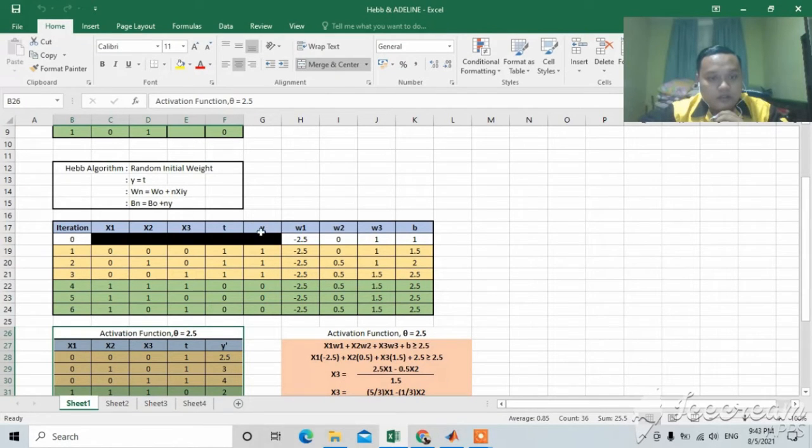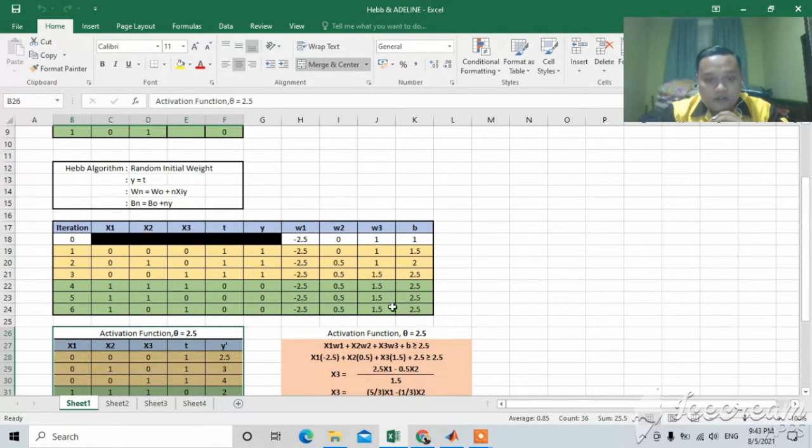For the weight new, the weight old is negative 2.5, plus learning rate times xi times y. For the y is 0, so we just take the value of weight old. So it's the same until iteration 6.